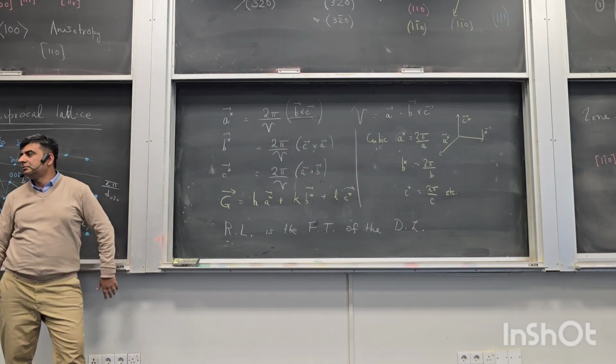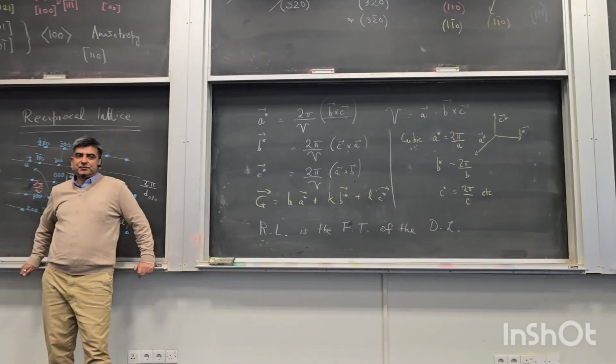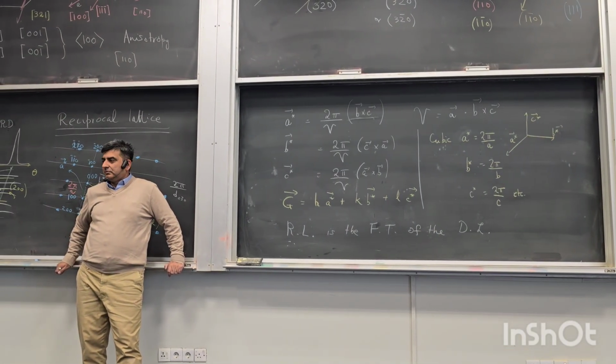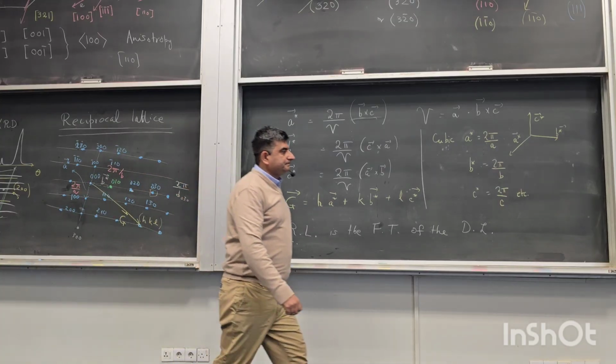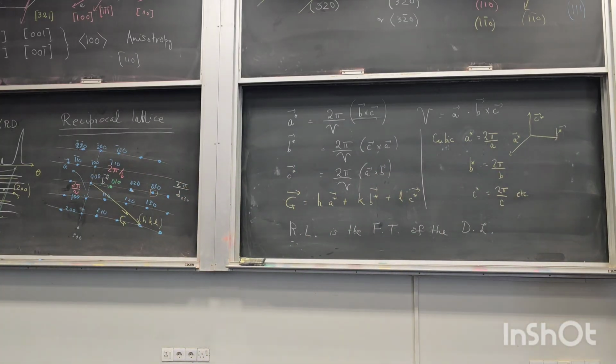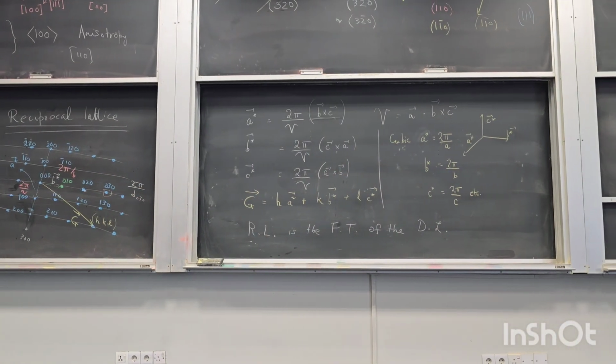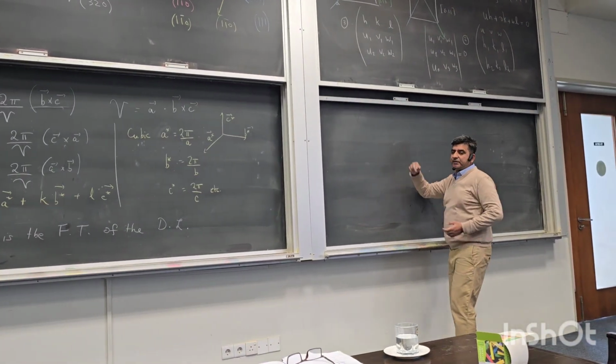This is true. Now we need to show why this is true. Right. So we'll finish this off in the next lecture, but let me give you the basic idea.